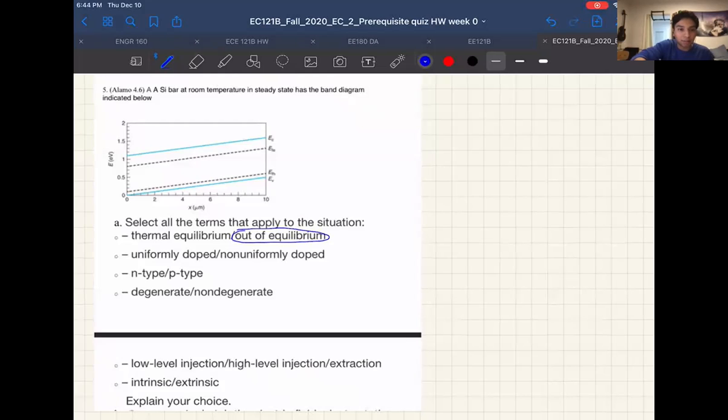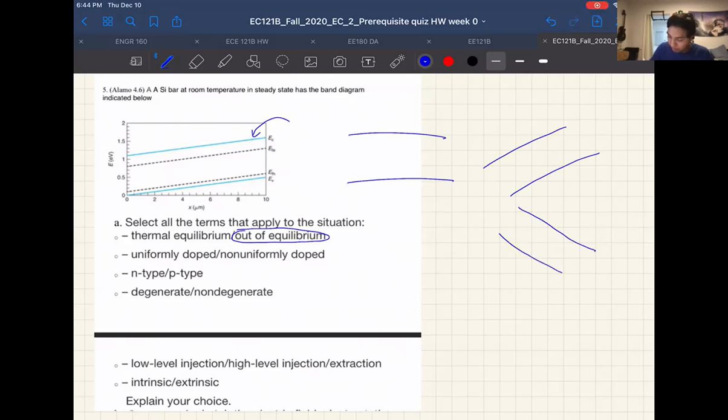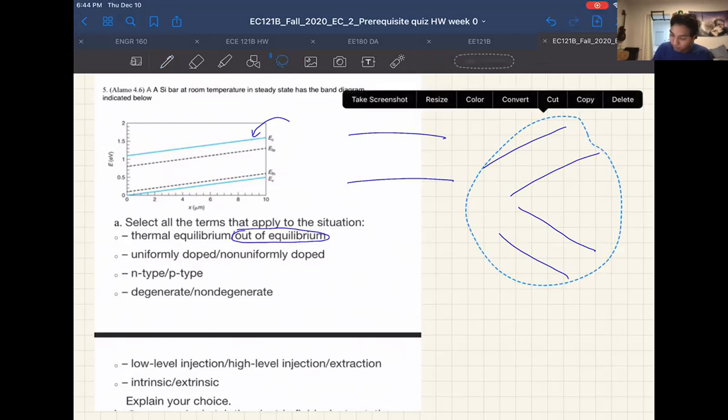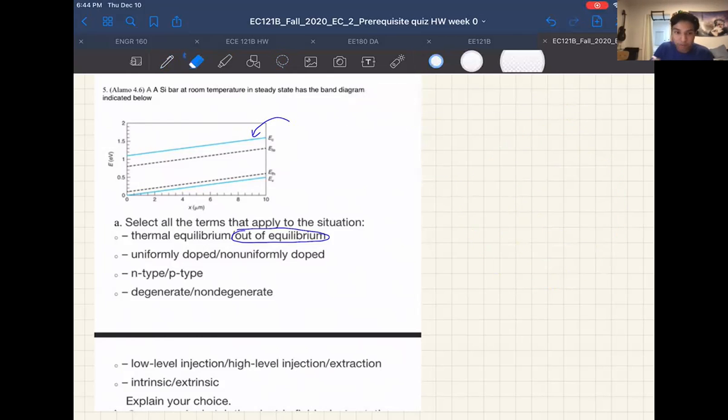And other than what Cody said, there is something else that's a big giveaway: there's a slope here. If it was in equilibrium, it would be flat. But if you apply an electric field, it could go like that, it could go like that. So you can see it's a little tilted, and that's a good way to tell that it's out of equilibrium.